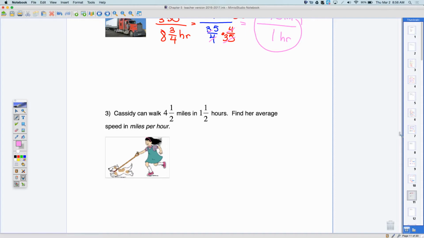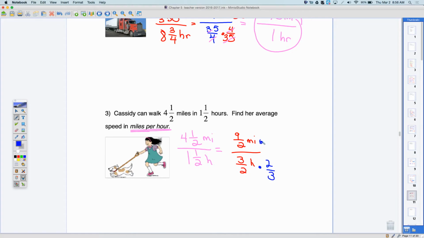Cassidy can walk 4 1/2 miles in 1.5 hours. Find her average speed in miles per hour. So again, we want miles over hours. So 4.5 miles over 1.5 hours. Change them to improper fractions. So it's 9/2 miles over 3/2 hours.